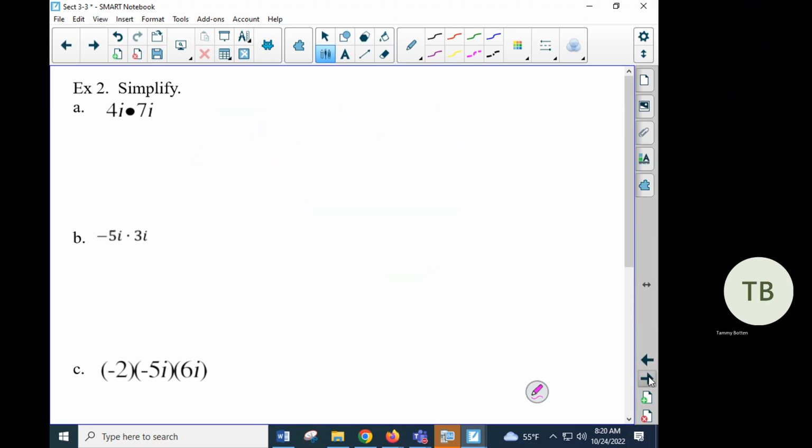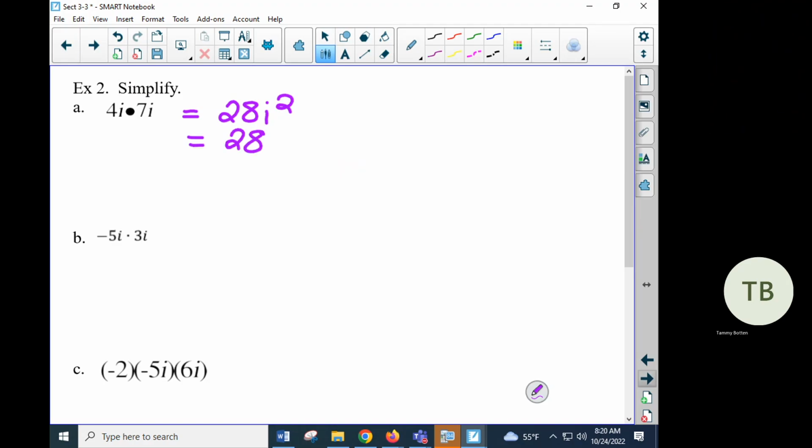Now, this one we're multiplying. So you're going to multiply your numbers like normal and then just multiply your i's. So 4 times 7 is 28. i times i is i squared. And remember, anytime you have an i squared, it's -1.